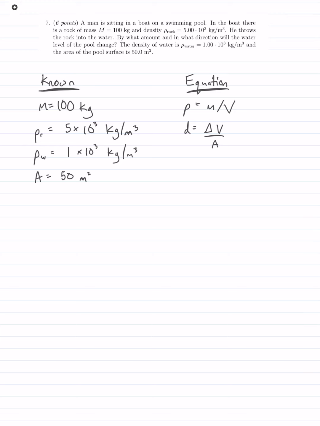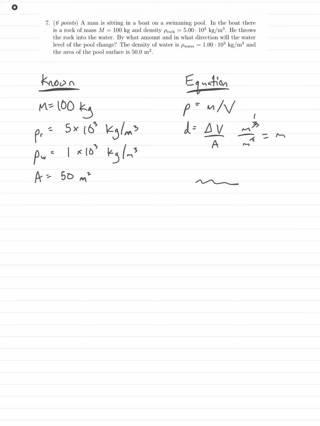And the second equation you should know because volume is in meters cubed, and area is in meters squared. So if you do meters cubed over meters squared, you're going to get meters. Cross that, that becomes a 1. So that is what we're looking for: the change in meters, the displacement.